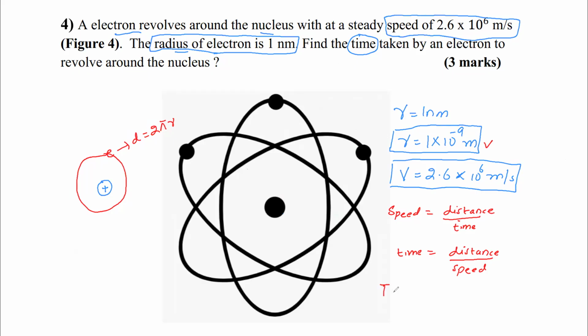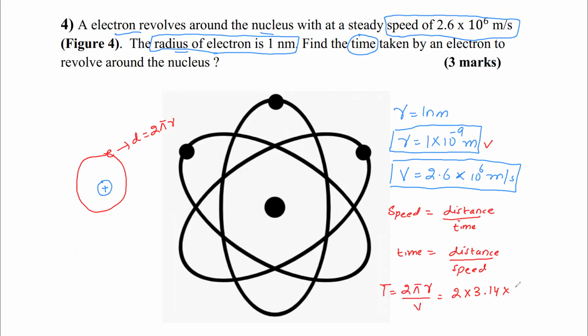So time t is equal to 2 pi r divided by V. So put the values. So 2 multiplied by what is the value of pi? It's 3.14. Remember, it is always constant. And what is the value of R?